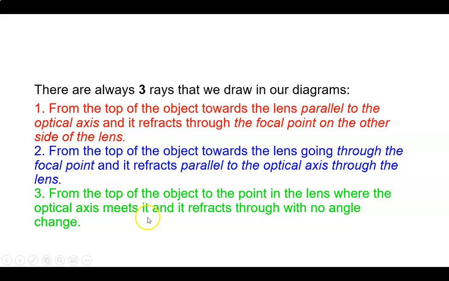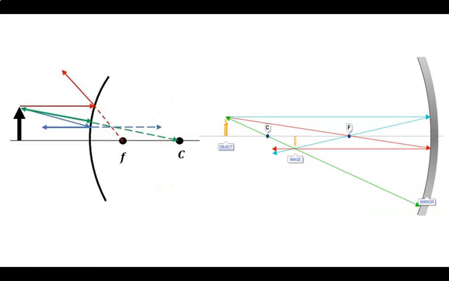And third one is from the top of the object straight through to the center, and there's actually no change in the angle. So we can see here, the first one comes parallel, and then as if it were coming from the focus, or parallel and straight to the focus, depending on whether it is diverging or converging rays.